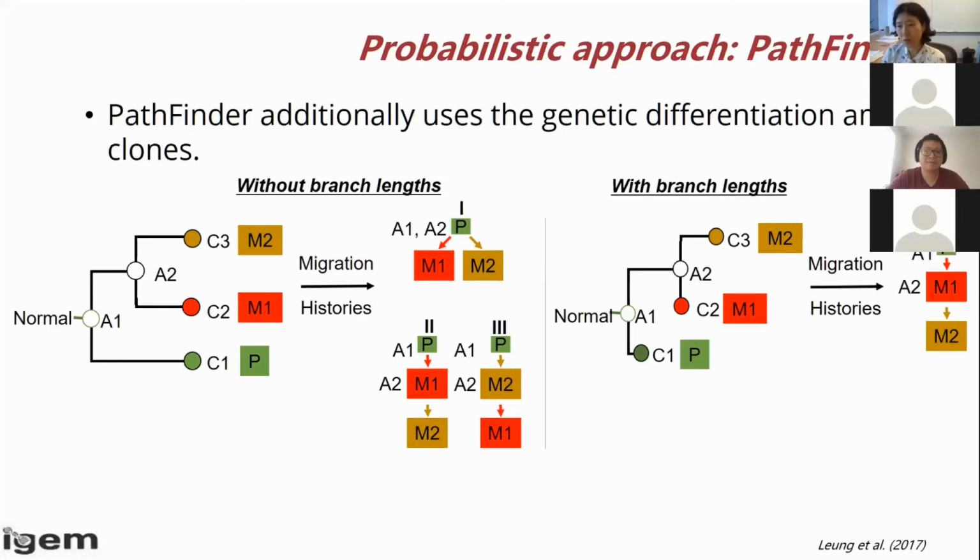This is the case when we have the information of branch length. In this case, ancestral clone A2 is connected to clone C2 with a very short branch length, and C2 clone is found in M1. So we can think this A2 clone is also found in M1. Then we can find a single solution like this.